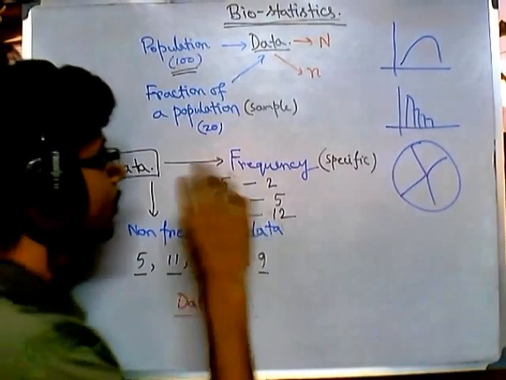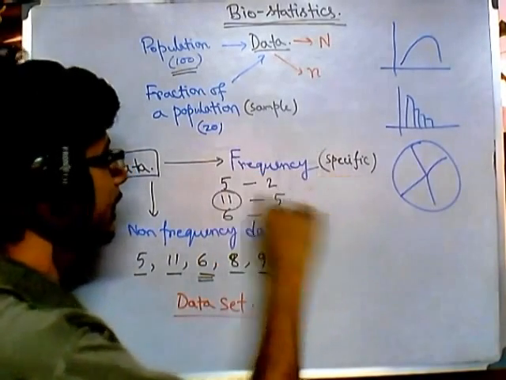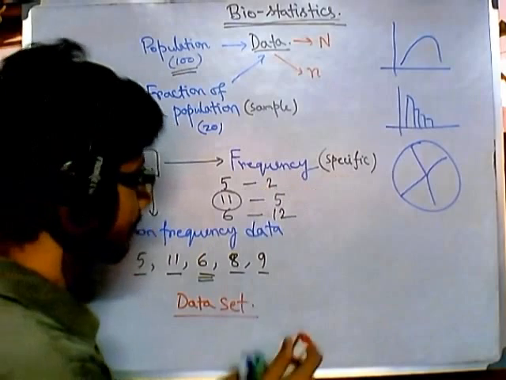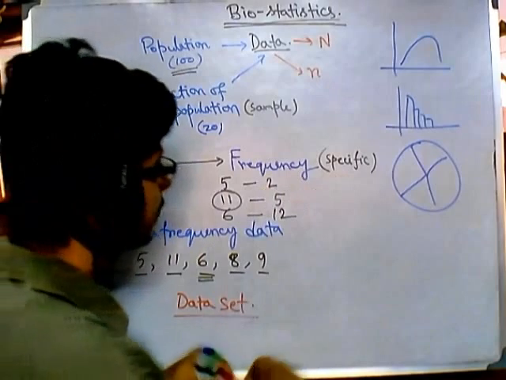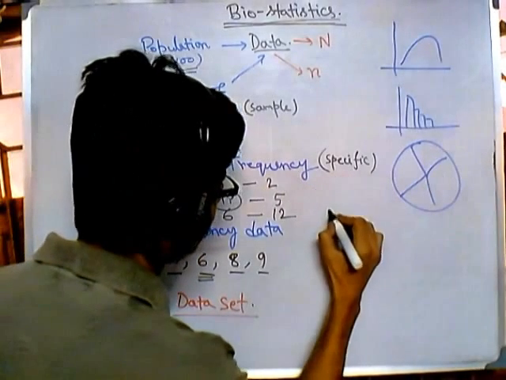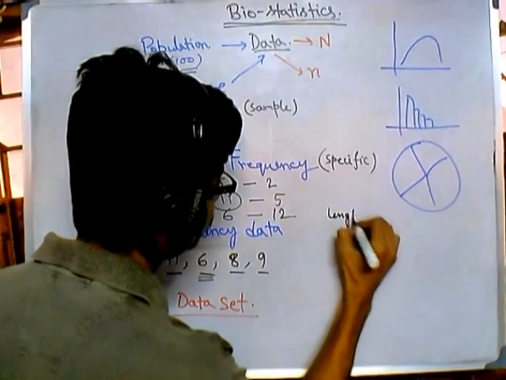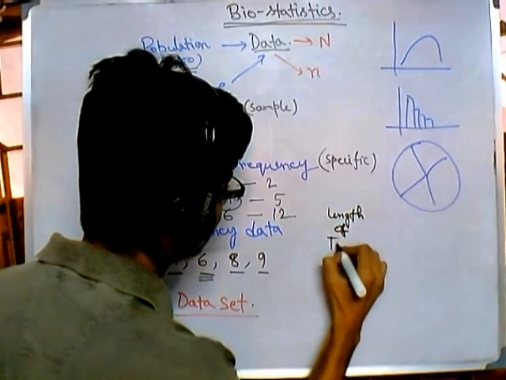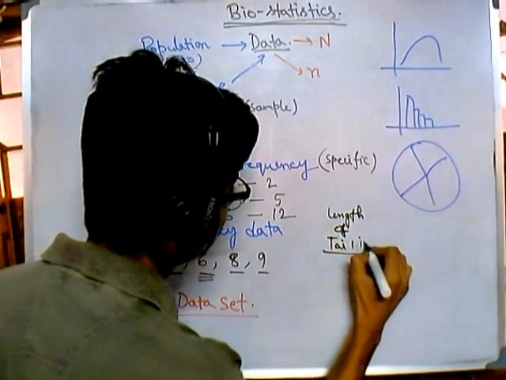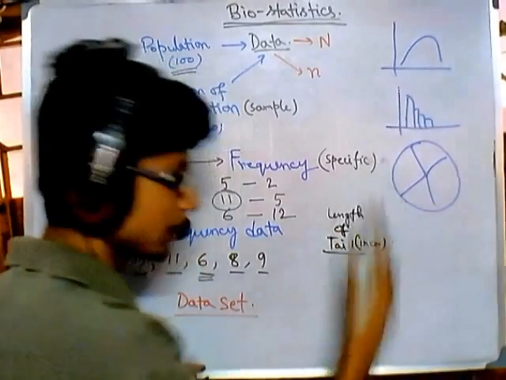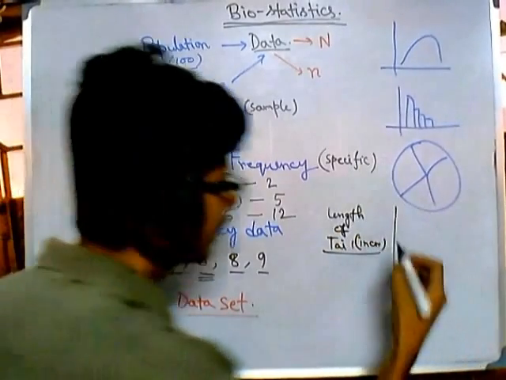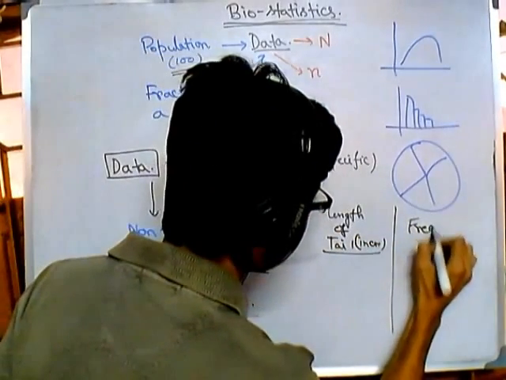And another important terminology is that once we get a table like that, say they are telling you the length of tail in centimeter in one column, and in the other column they are giving you frequencies.